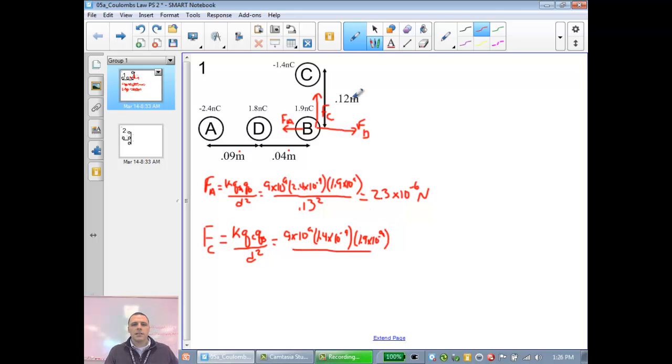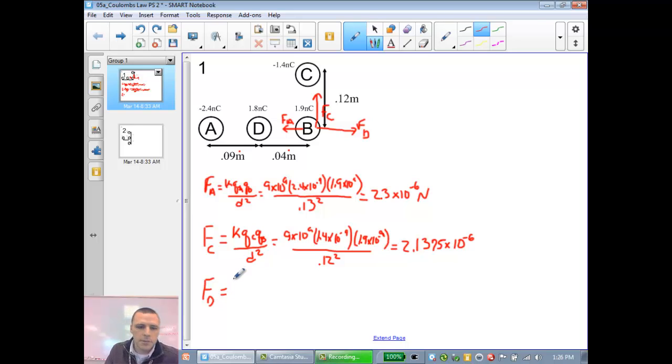Divided by the distance between those two, which is 0.12 squared. And that value is 2.1375 times 10 to the negative 6.